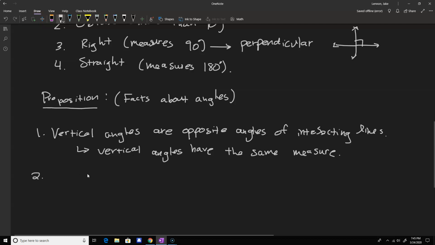Two, if you have parallel lines cut by a transversal, then corresponding angles are equal.